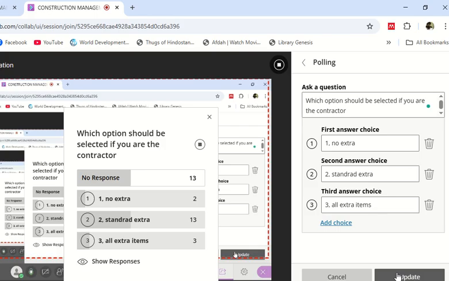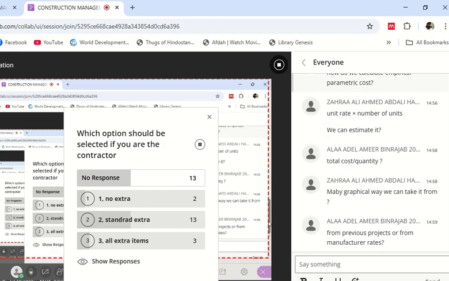Okay. So can the people who are saying option 2, can somebody from these 13 people give me a reason? Why should I go for option 2? Why not 1 or 3? From these 13 people who opted for option 2, what did you have in your mind when you said option 2?